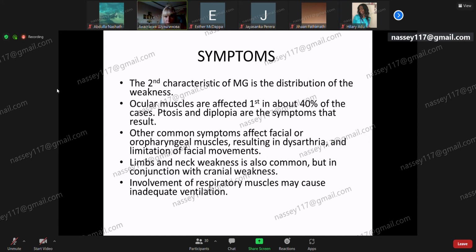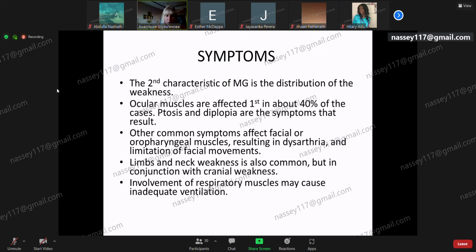The second characteristic of myasthenia gravis is the distribution of the weakness. Ocular muscles are usually affected first, in about 14% of cases. This is ptosis, diplopia; there can be preptosis and dynamic strabismus. Other common symptoms affect facial or oropharyngeal muscles, resulting in dysarthria and limited facial movement.